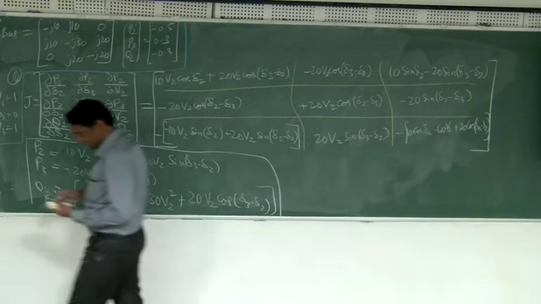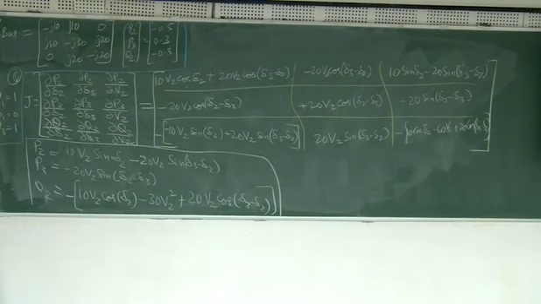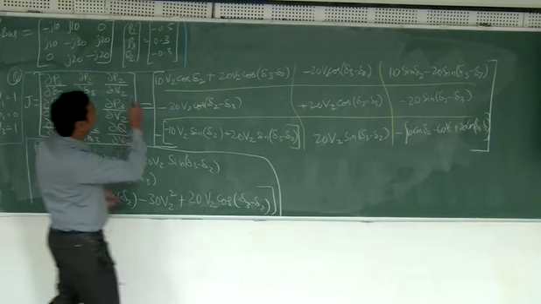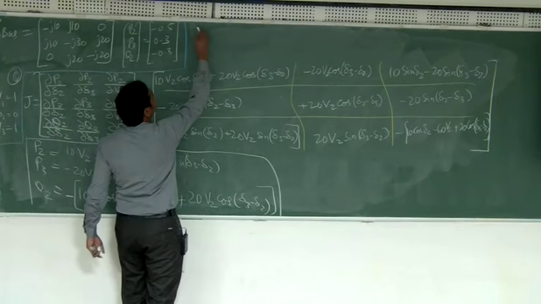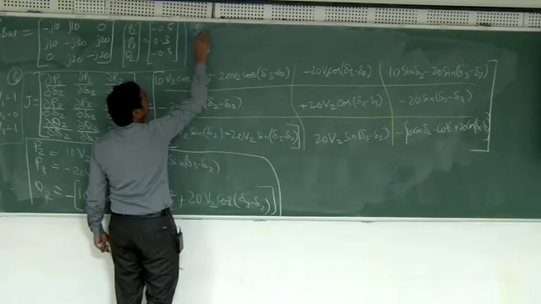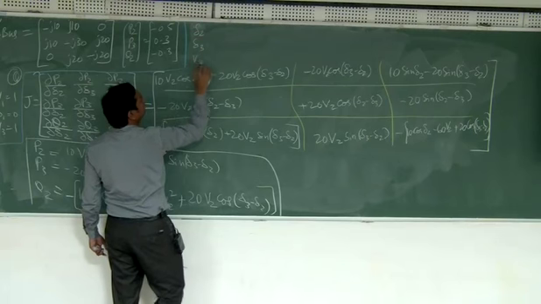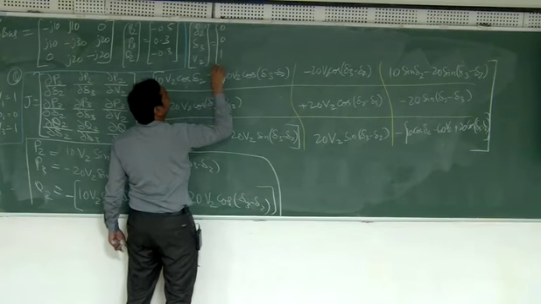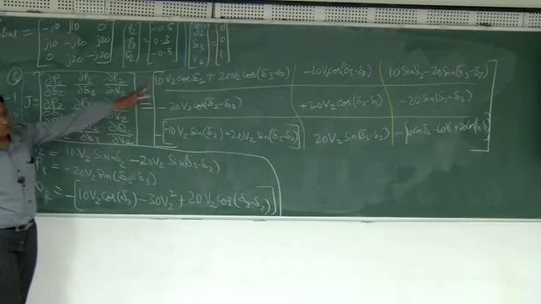This is my equation. So I think now all the groundwork is done. What is the next step? Next step is the Newton-Raphson. I'll keep it like this, and then maybe I'll start from this down. Initial case: delta 2, delta 3, V2. So I'll start with the initial case.